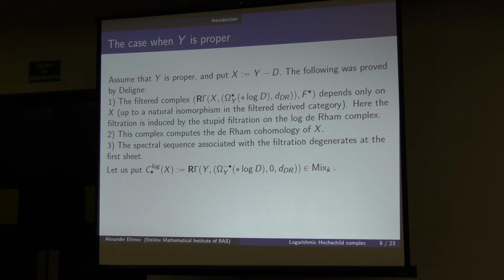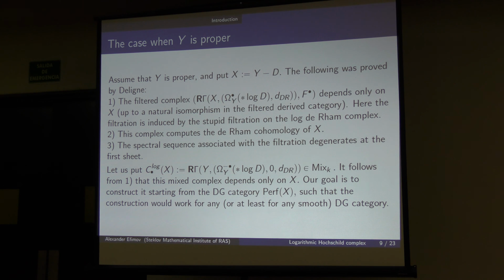And it formally follows from Deligne's result that this invariant also depends only on X, so it doesn't depend on the choice of Y, the choice of complexification. It's a literally formal application, because the category of mixed complexes can be obtained as an derived category of filtered complexes of filtered vector spaces.